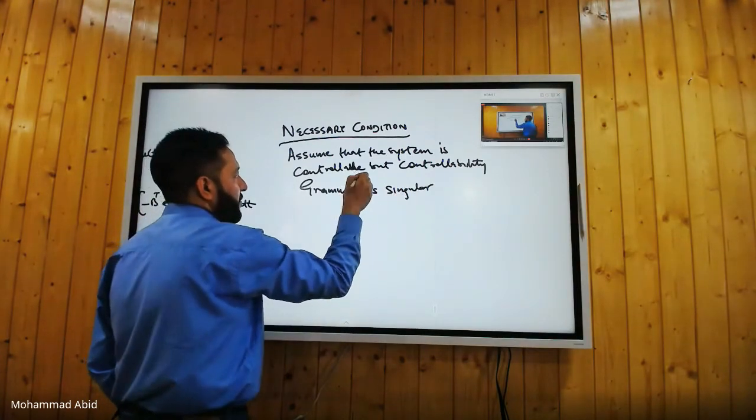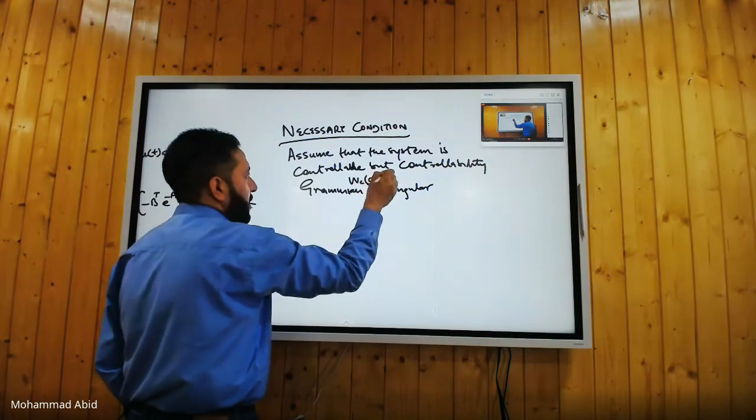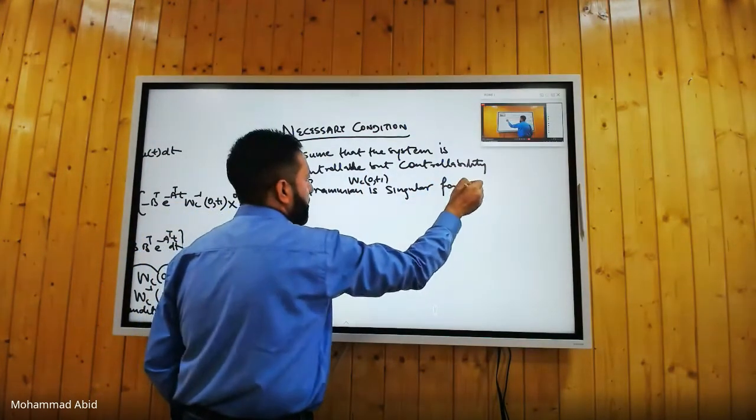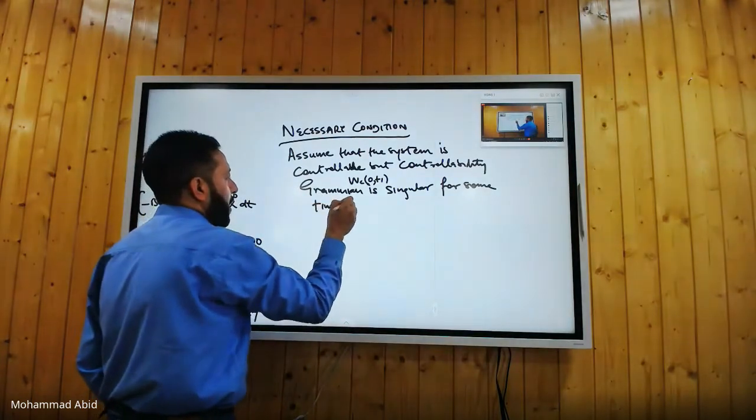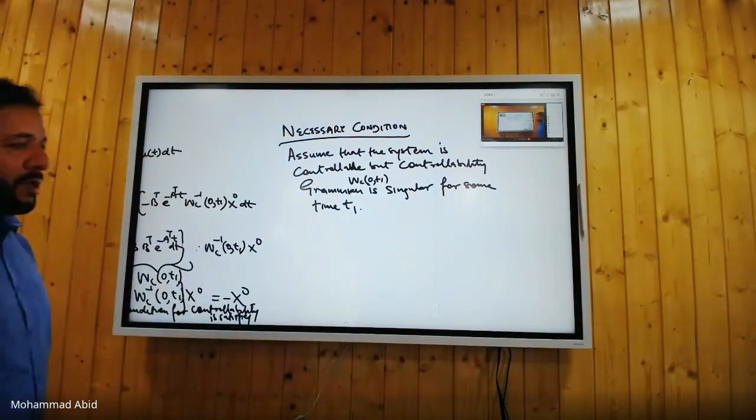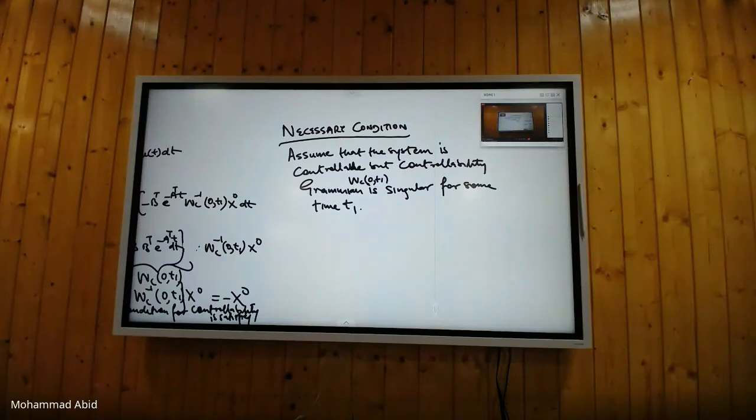Controllability Gramian हमने कैसे define किया? W_C(0,T1). It's singular for some time T1. The necessary condition will prove a contradiction.